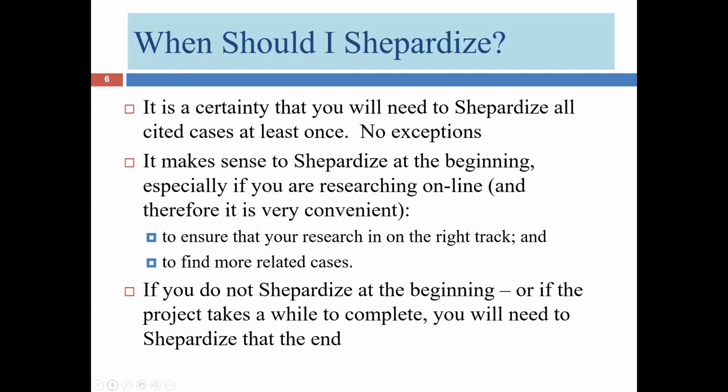And so I would recommend do it earlier, do it often, as you are finding new cases. Don't see it as a separate event that you do at the end. See it as something that you do as you find cases. You pull up the research and find out what's going on. Because again, Shepardizing and KeyCiting can help you find new cases that will help your research project going forward.